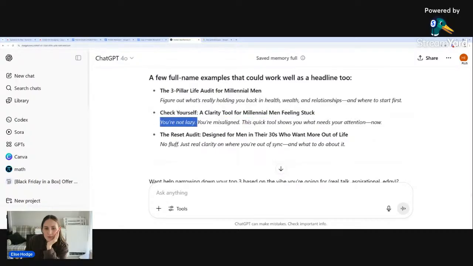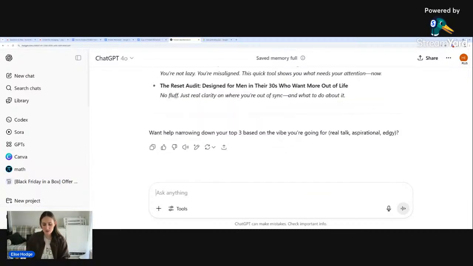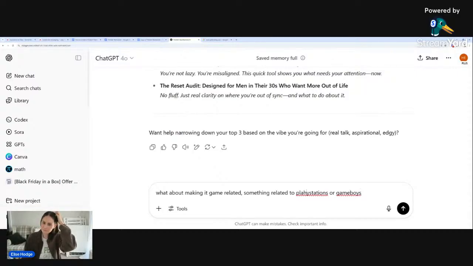This is interesting language too, because they probably feel like they're lazy, but you're saying they don't have purpose. Ooh, that's an interesting analogy. That's really fun.